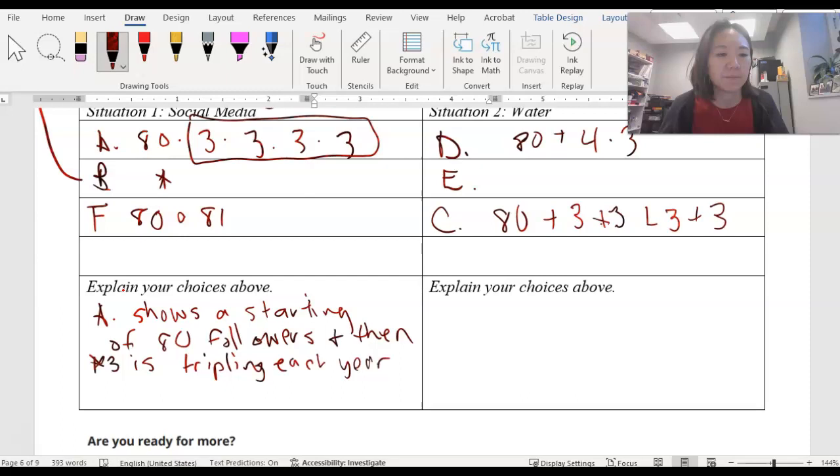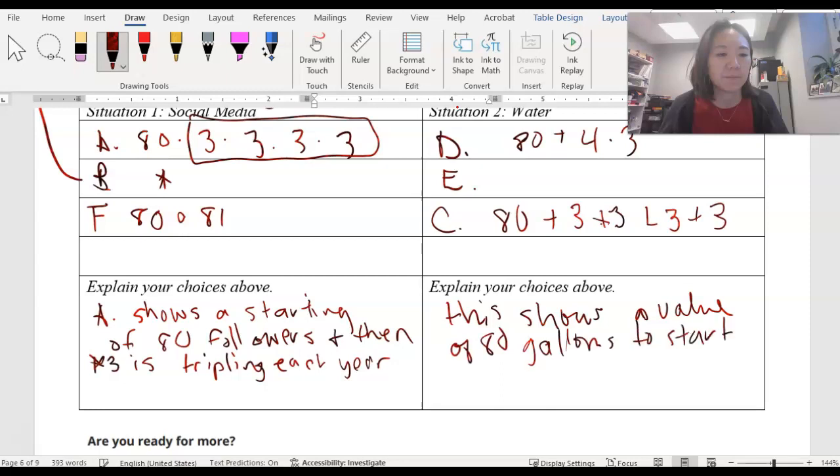Whereas here, this shows a value of 80 gallons to start and adding 3 gallons every hour for 4 hours.